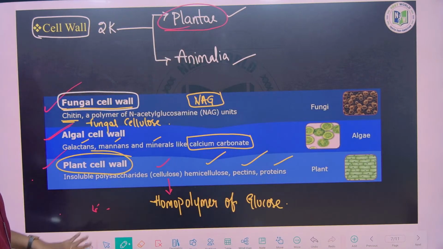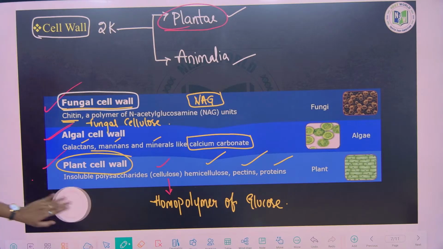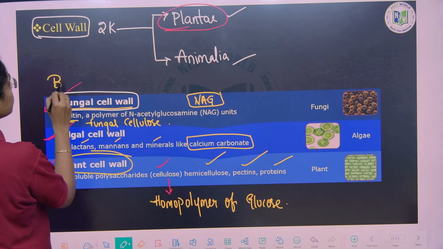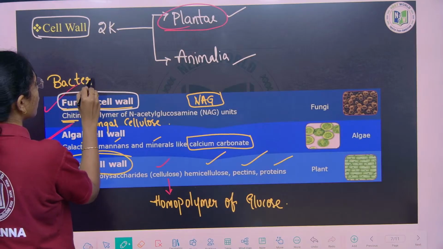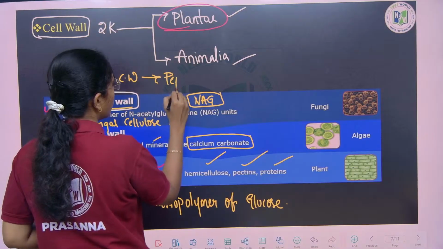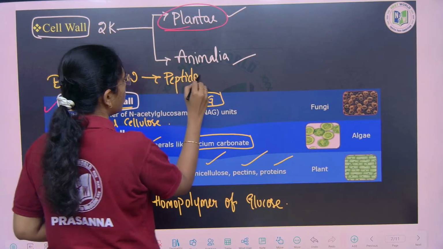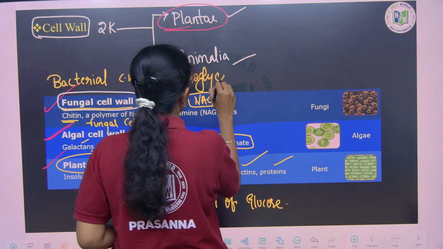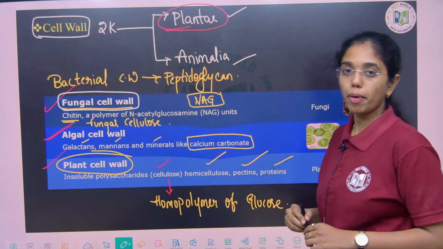These are the compositions of the plant cell wall. And bacterial cell wall is made up of peptidoglycan.